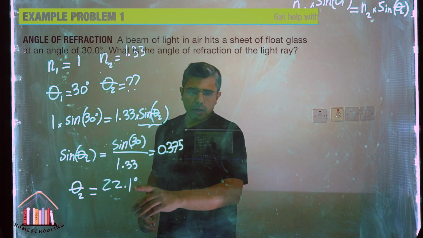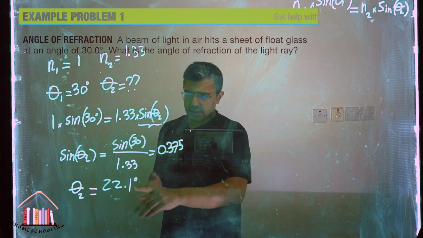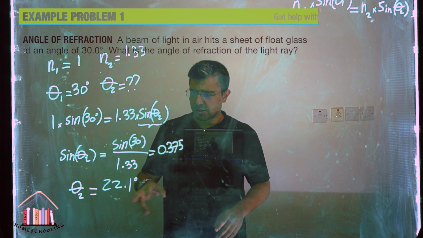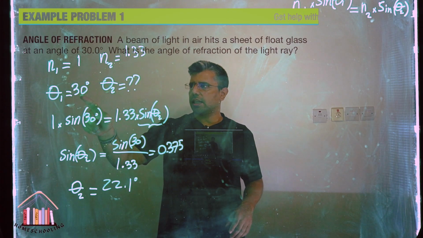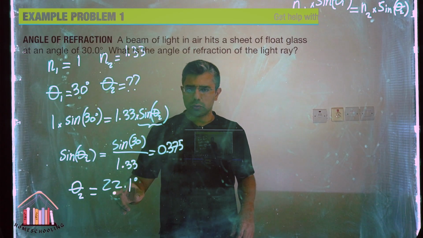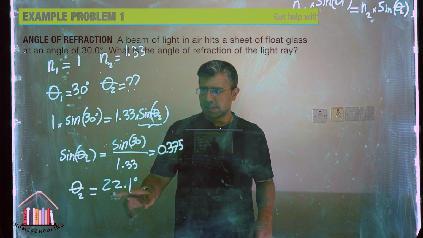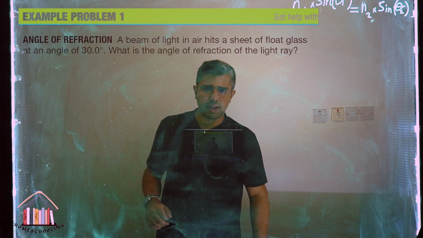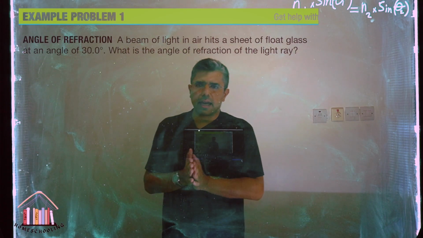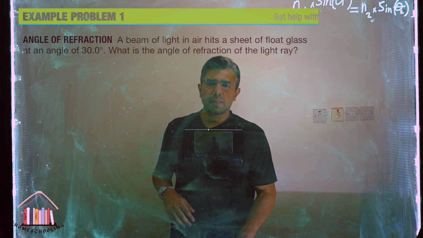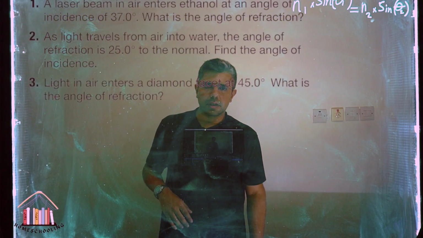And by the way, we are always measuring the angle referred to the normal line. So when we are talking about 30 degrees here, this means 30 degrees from the normal line, or 22 degrees 0.1, this means that it's from the normal line. So again, all the angles calculated are always measured from the normal line.